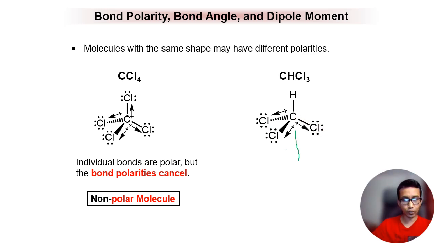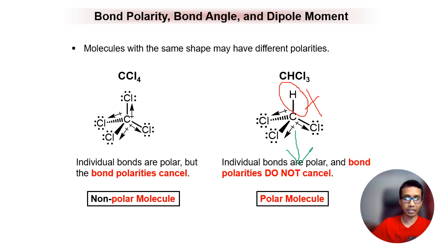So this resultant dipole moment is going to be equal to a C-Cl bond, but that C-Cl is not going to be equal to the C-H that you can see right here, because C-Cl bond polarity and C-H bond polarity are not the same. As a result, this molecule is going to be a polar molecule, because the polarities don't cancel each other out.